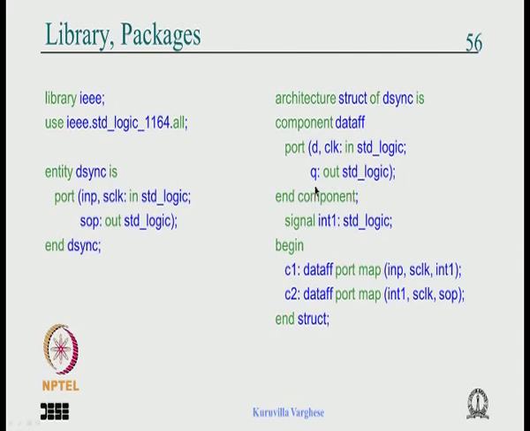Something similar happens here. We move this component along with the package and we say use that package, and automatically that comes there and the compiler can check the data type when you instantiate. That is the idea.